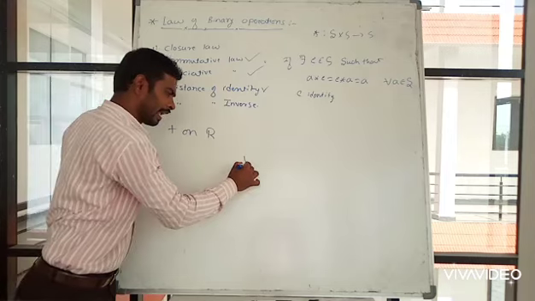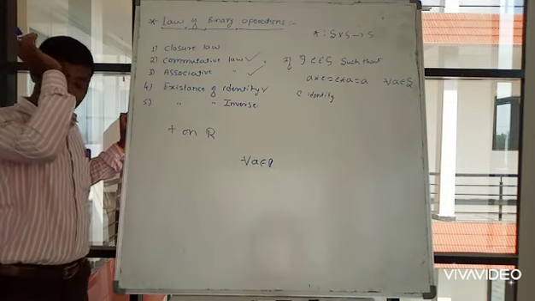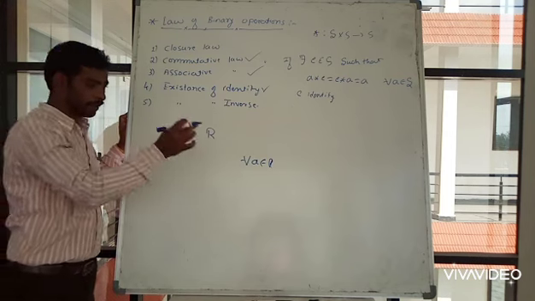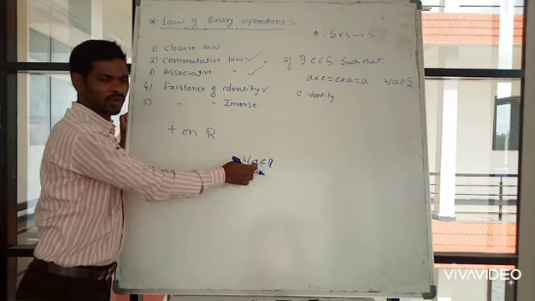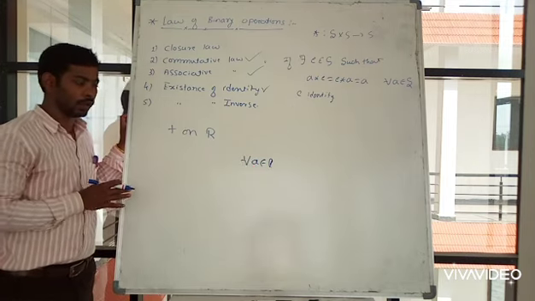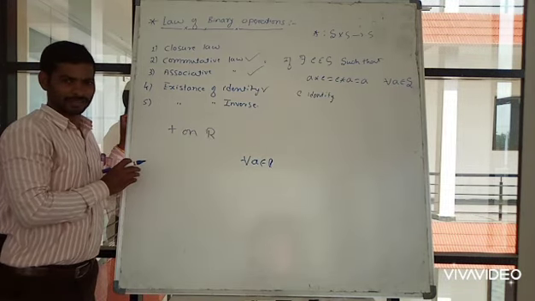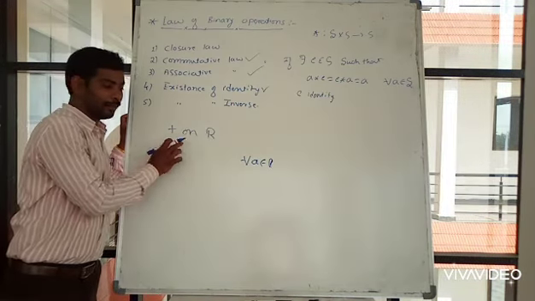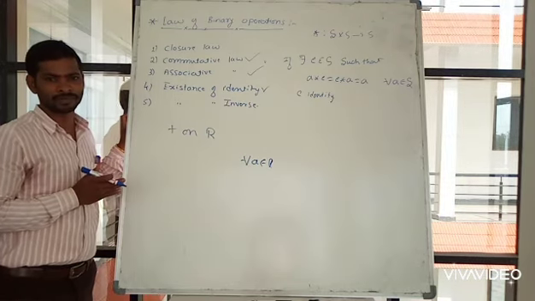If you consider A to be any real number, it may be 1, 2, 3, 4, 5 or minus 1, 2, 3, 4, 5, 1 by 2, 1 by 3 and so on, anything, a real number. What is the element present in R such that if we add that element to this element, there is no change in the value of this element?